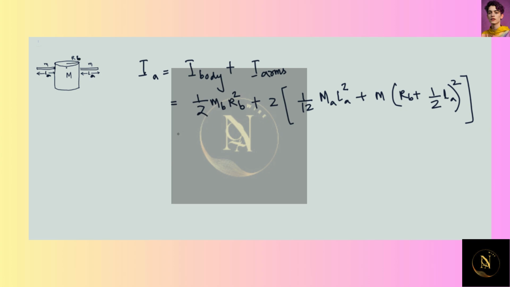Now we are given that the mass of the body, or mass of the cylinder, is 60 kg, RB is 0.12 meters, the mass of each of these arms is 5 kg, and LA, which is the length of the arm, is 0.6 meters.